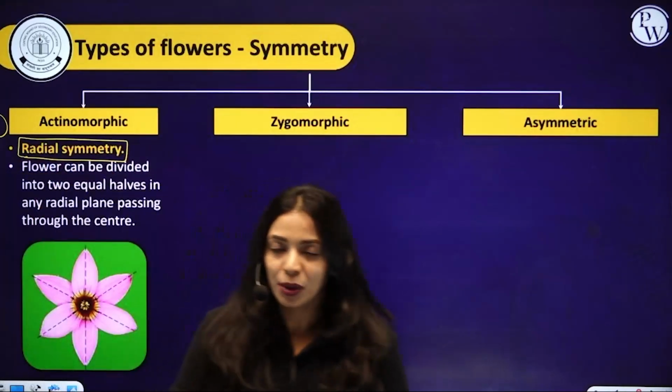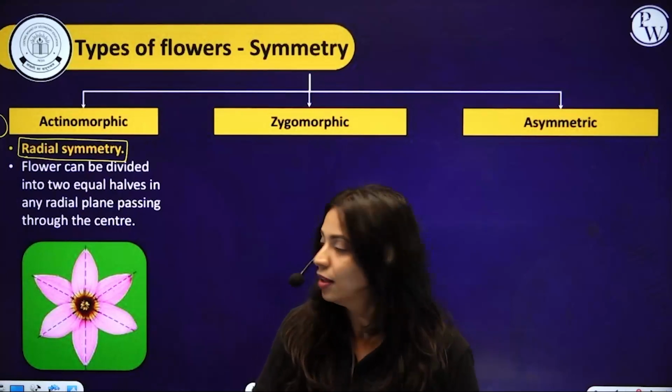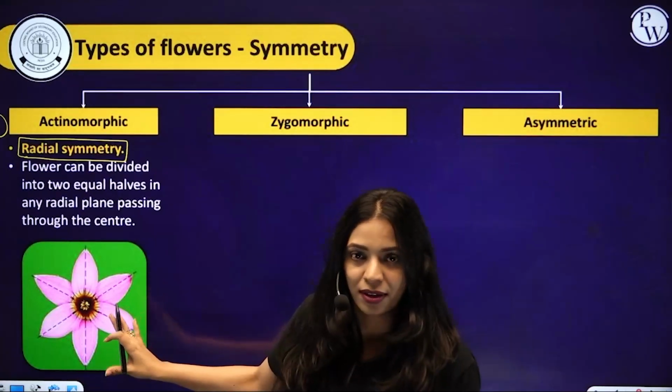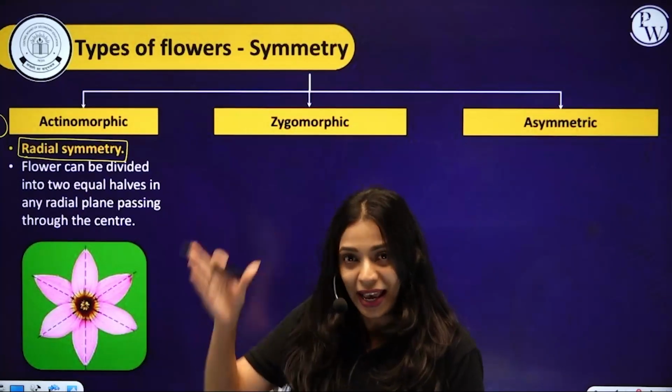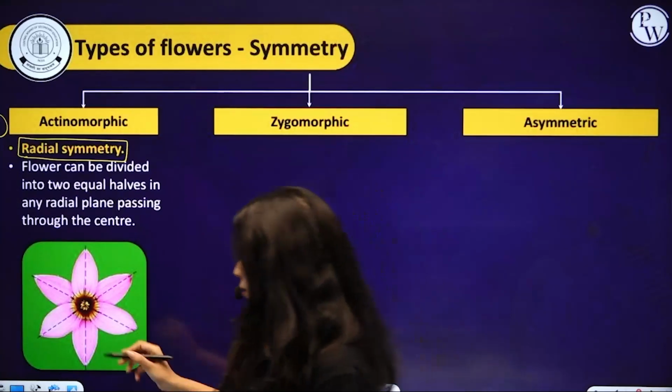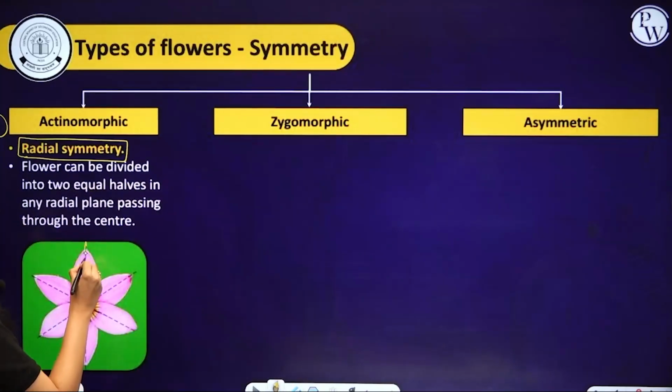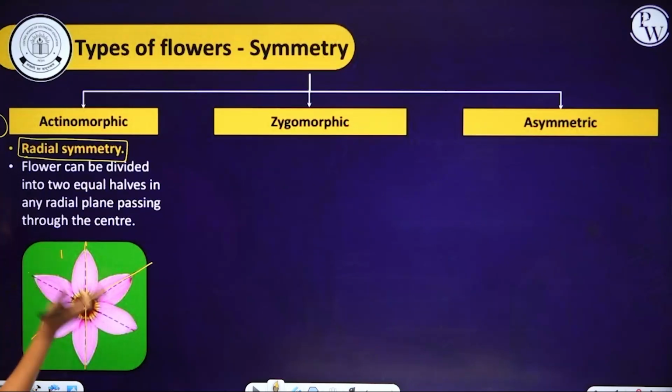Now what do I mean when I say they are radially symmetrical? You take a flower and cut the flower in any plane that passes through the center. It could be this plane. See, when you cut this flower through this plane that is passing through the center, you get two identical halves, right? They're like mirror images. If I cut this flower through this plane, I still get two identical halves.